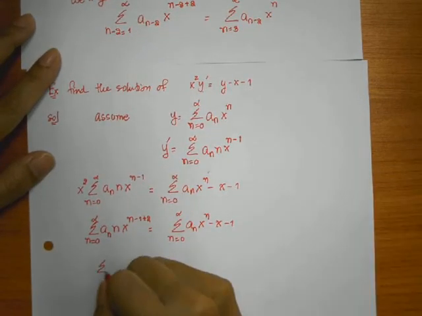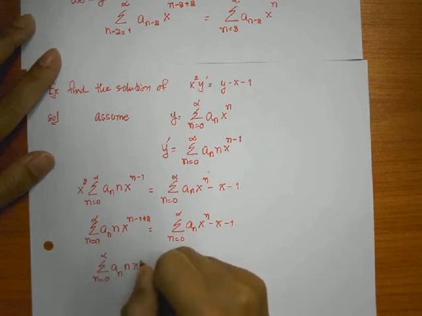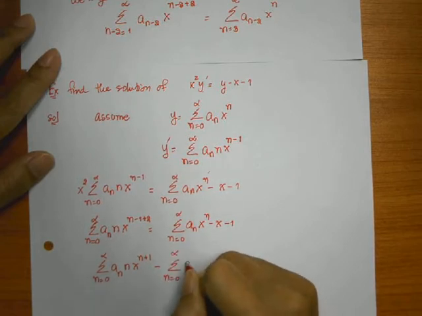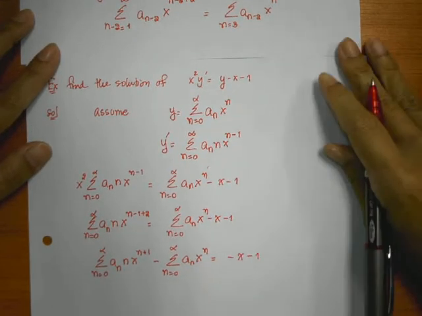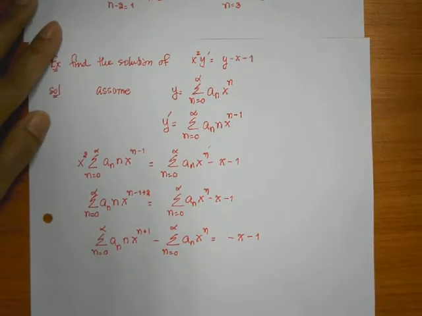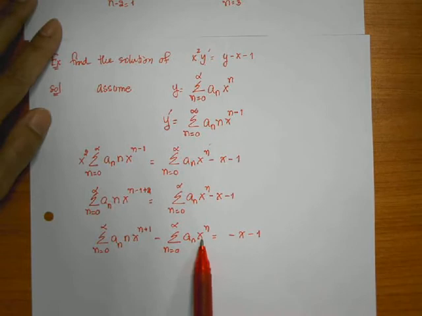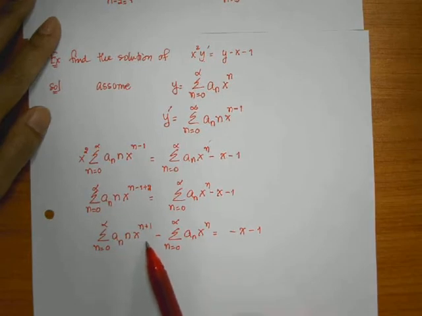Which is equal to, and then I just move the summation term to the same side. Now this one I have n plus 1 and this one I have n. So I'm going to do the shift of index of summation of the first term, x to the power n plus 1, to be x to the power n.